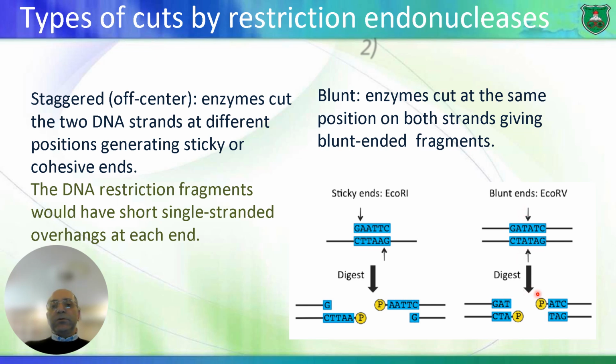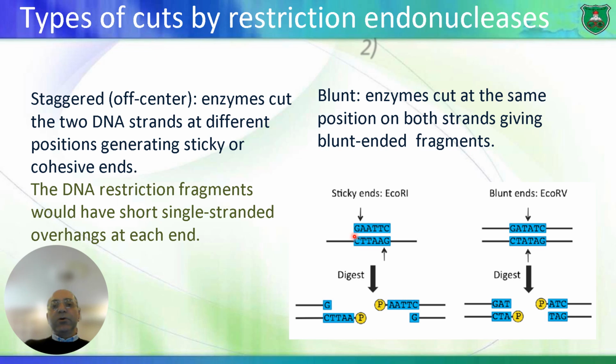And note that the restriction fragments have blunt ends, that is, the cuts are straight, right in the center, okay? On the other hand, note here, EcoR1 makes a staggered cut, meaning that the cut occurs not in the center, rather on the sides.